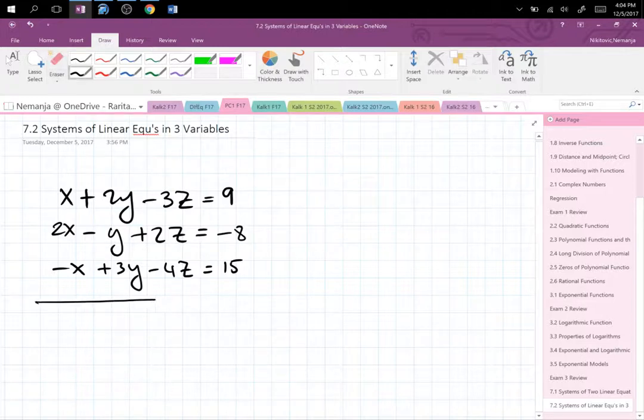So there's your system. And if there is a unique solution for it, then x is equal to a number, y is equal to a number, and z is equal to a number. Just by looking at the system, you can see that the solution is 1, negative 2... sorry, negative 1, 2, negative 2, but that's fine. We'll come up with that eventually.